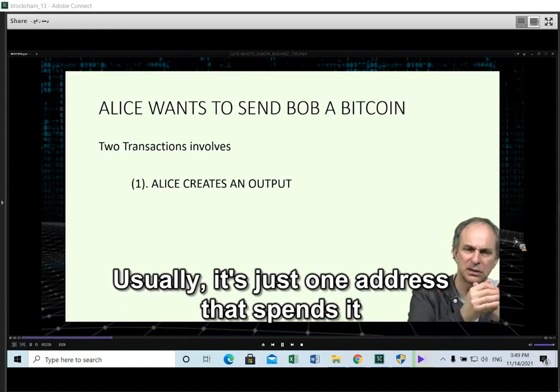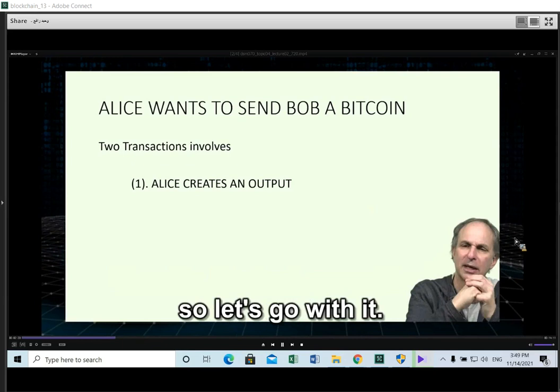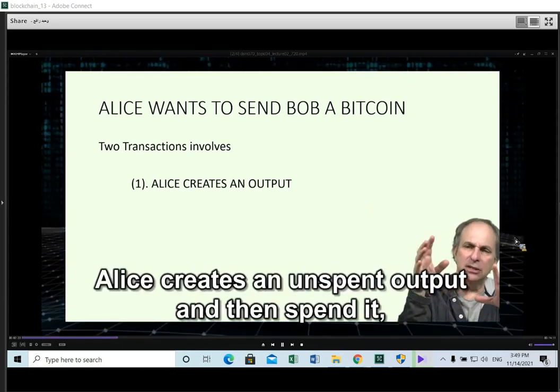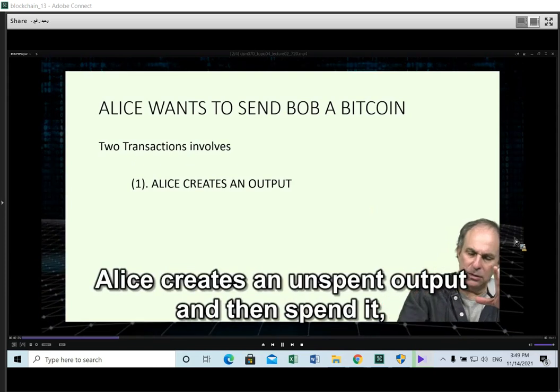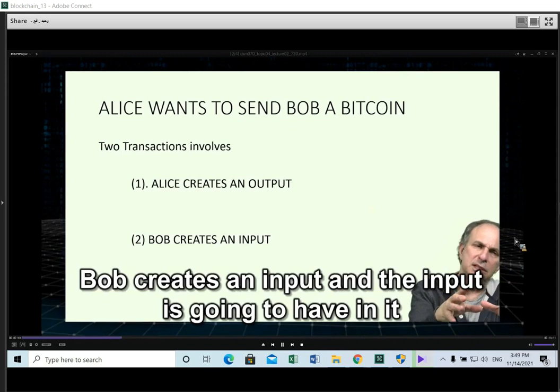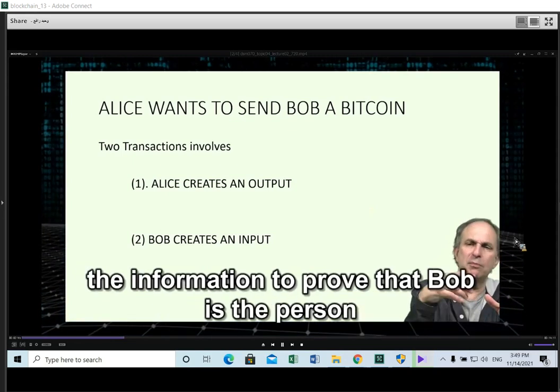So that is what happens with these things. And when he does that, quite frequently he would make an output that has somebody else, say Charlie, as the recipient of some of the money, and himself as the recipient of some of the money as well.